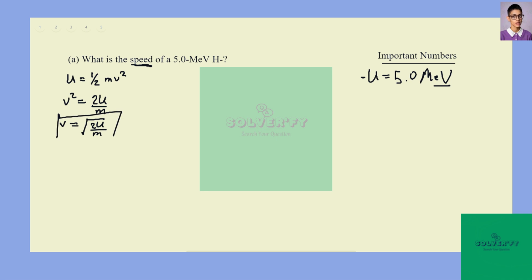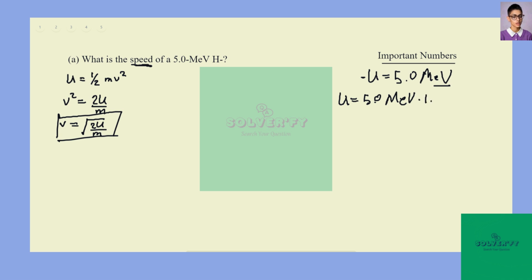Now we have to start dealing with the numbers in the problem. Here we want to be especially careful because we're using electron volts, not joules, as energy. These units won't give us speed in meters per second, which is what they're expecting. So we need a conversion factor. We have that U is equal to 5 MeV. And now we're going to multiply this by a conversion to joules, which is a fancy number 1.